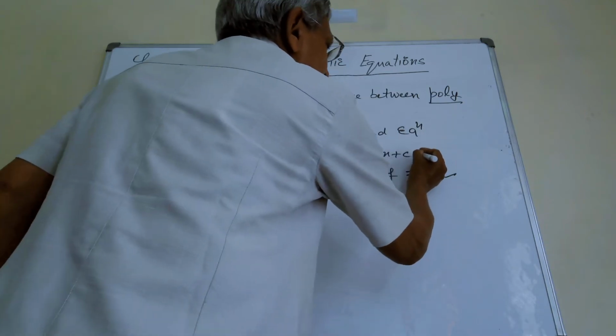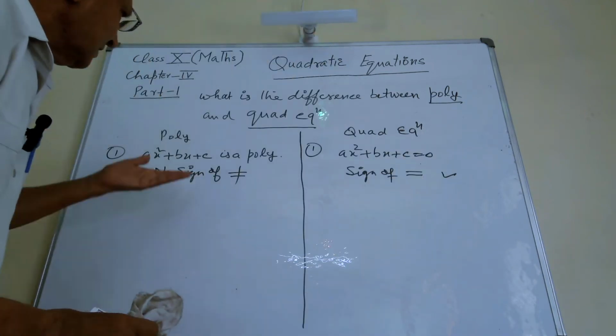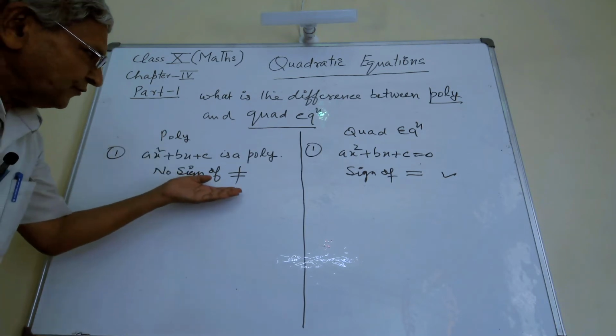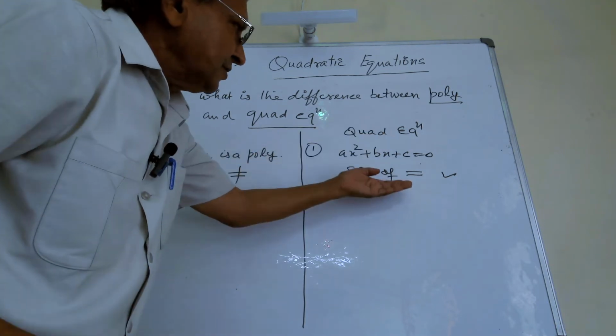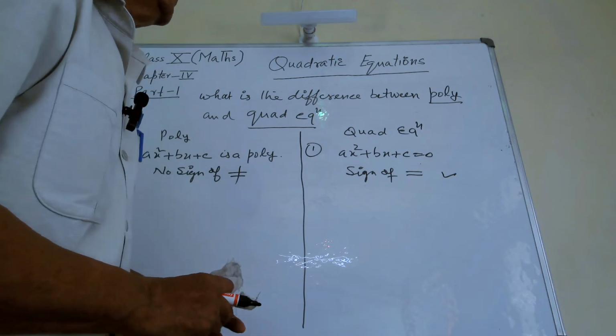It means in a polynomial there is no sign of equality, and in a quadratic equation there is a sign of equality.